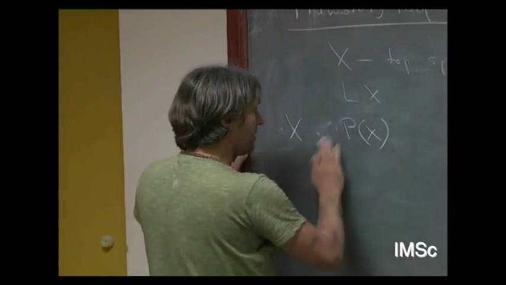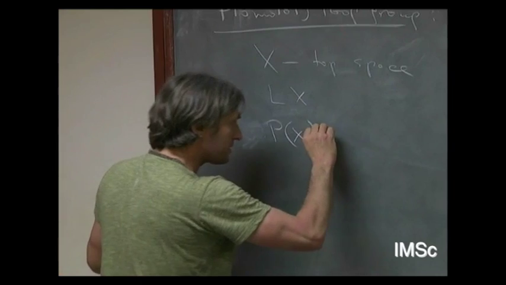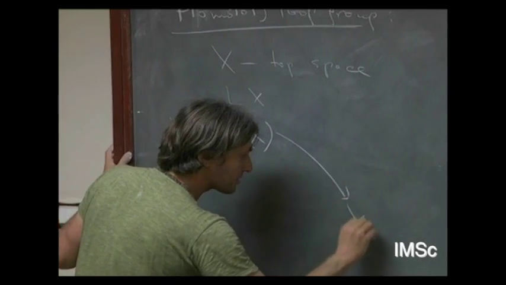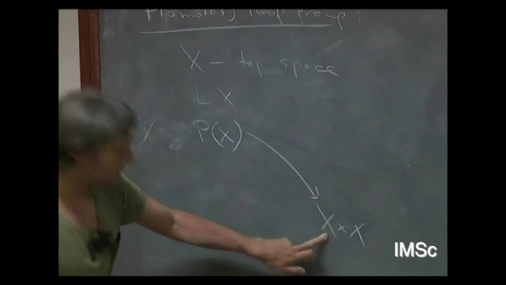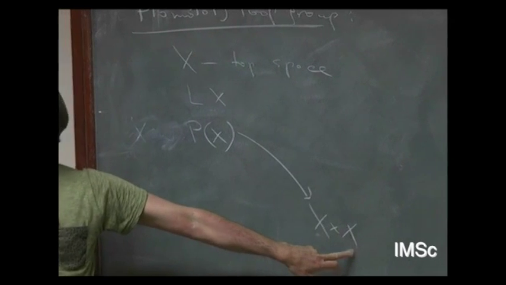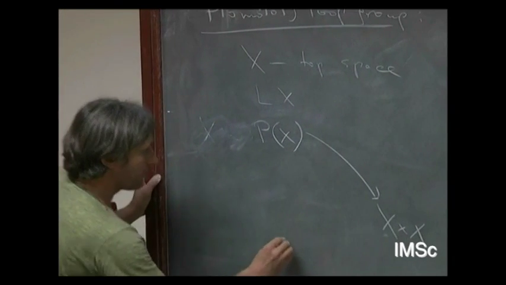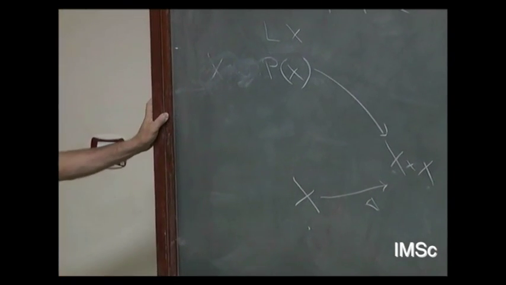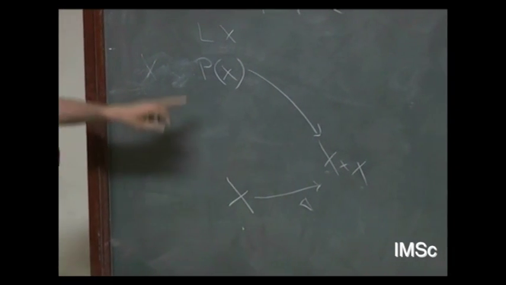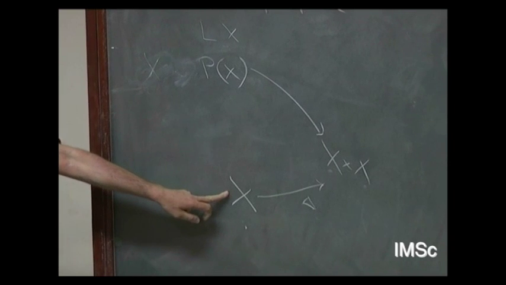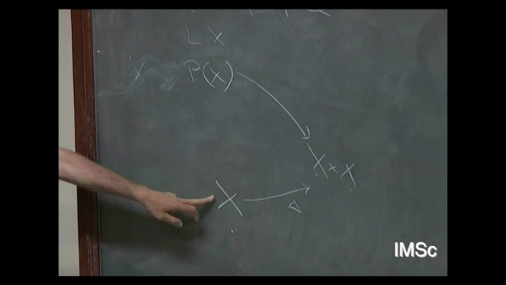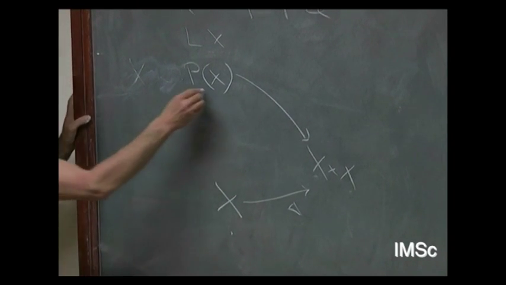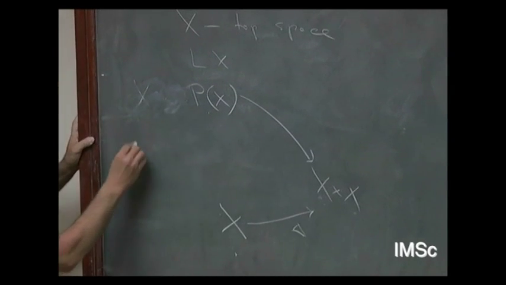Okay, so then from this path space, there's a canonical map to X cross X, right? So starting point and end point. There's another map from X to X cross X, which is called diagonal. Now, what is a loop? A loop is a path which starts and ends at the same point. So it's the fiber product of this and this over this.